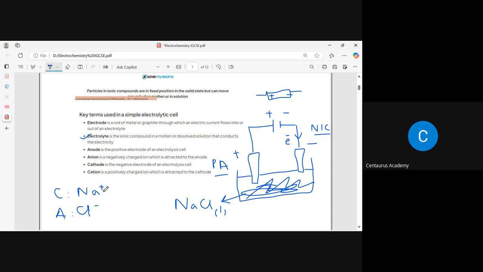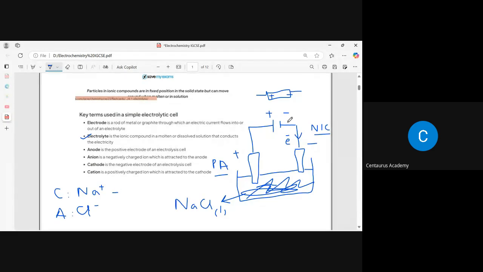Now, do sodium ions have an excess of electrons, or a deficiency of electrons? Deficiency. Yes, how much? One. Yes, very good. One electron is deficient, because it says 1 plus.